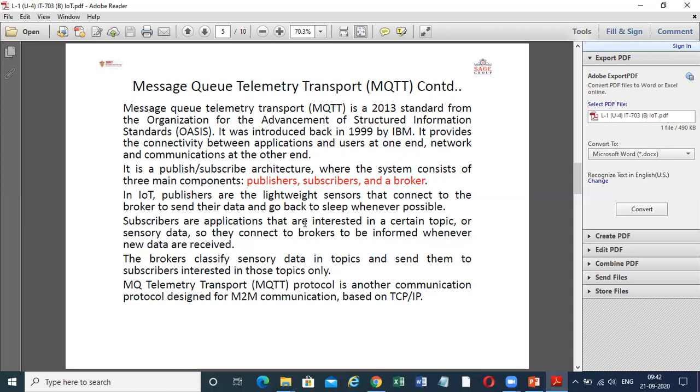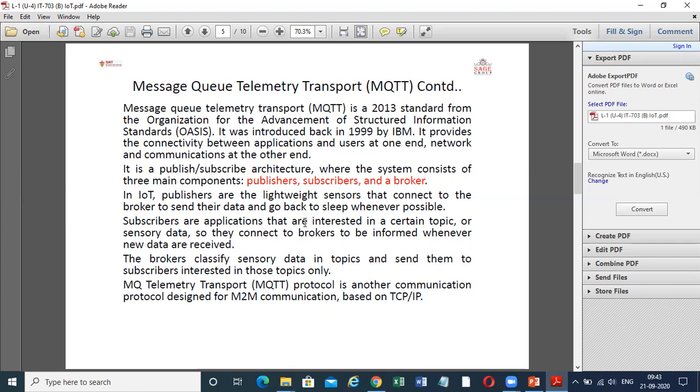Let's see what is a publisher, what is a subscriber, and what is a broker. In IoT, publishers are lightweight sensors that connect to the broker to send their data and go back to sleep whenever possible. These are the nodes that connect to the broker.